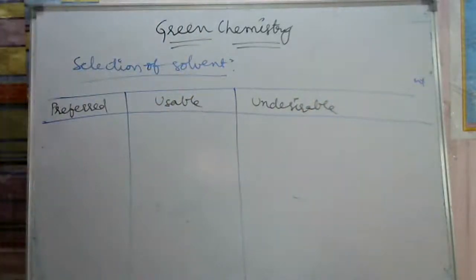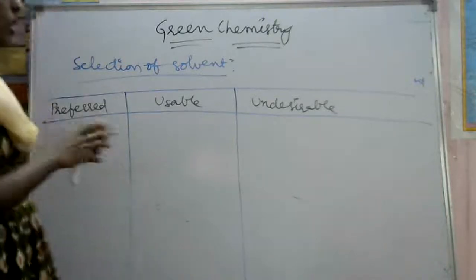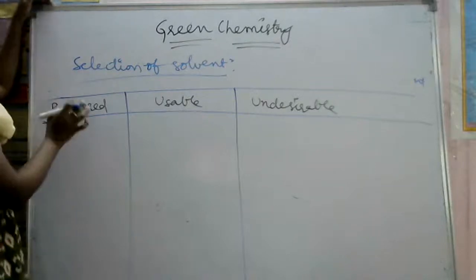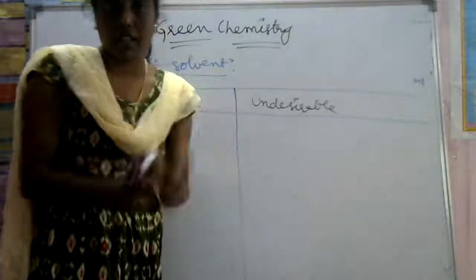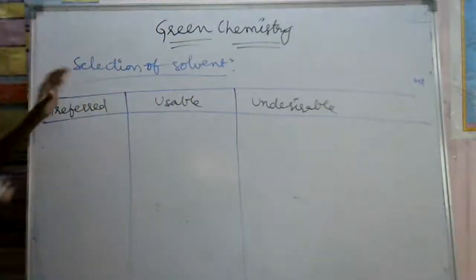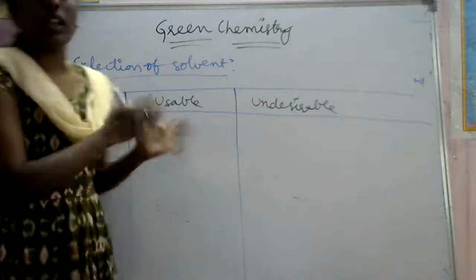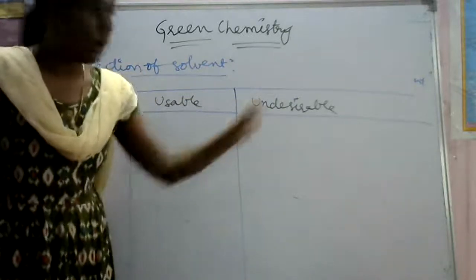We can use some solvents which are not that harmful. So there are three types. We have to prefer some solvents; these are preferred and usable, and undesirable means we have to avoid all of these.